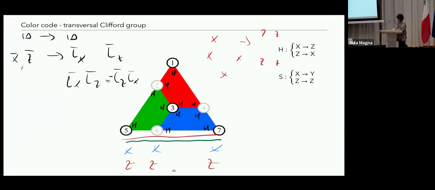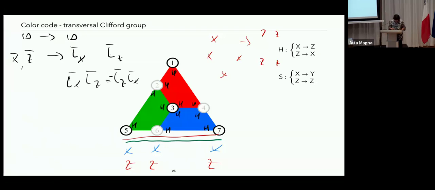And as you can see, at the logical level this is still true, because I map logical X into logical Z, and vice versa. So great. This is more or less a proof that Hadamard on all the qubits actually implements a Hadamard on the logical level on the color code.